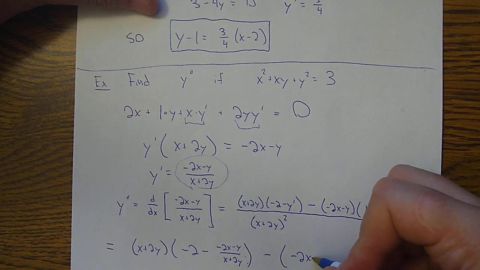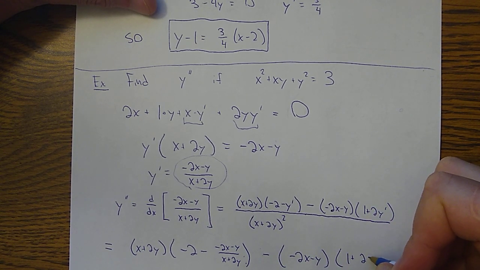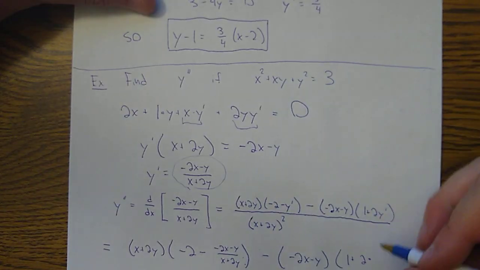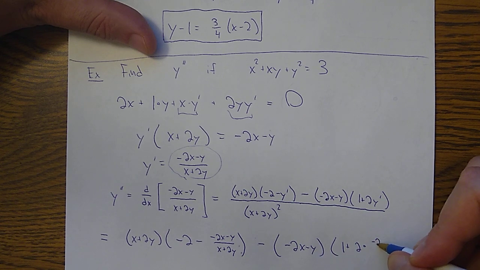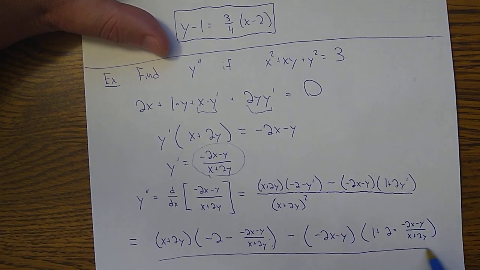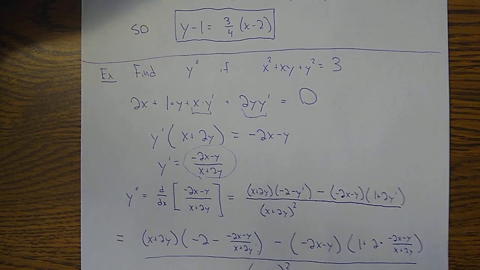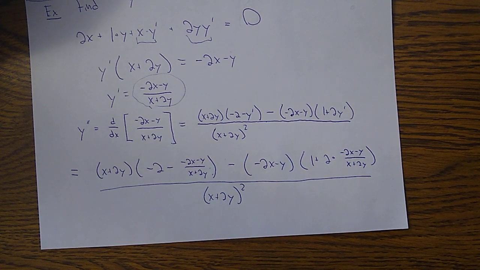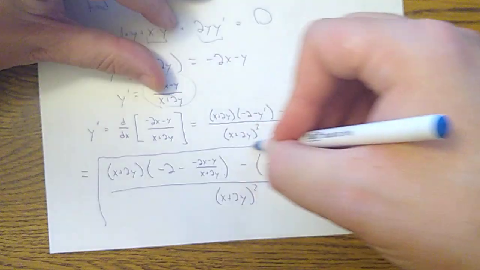Minus this times 1 plus 2 times y prime, and y prime again gets replaced with this. Okay, I am going to leave my answer just like that.